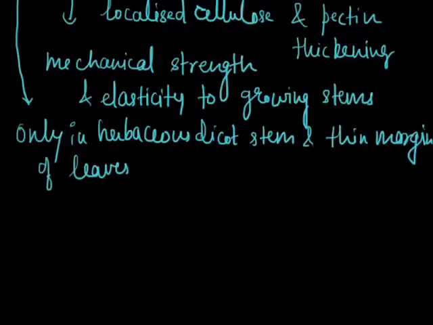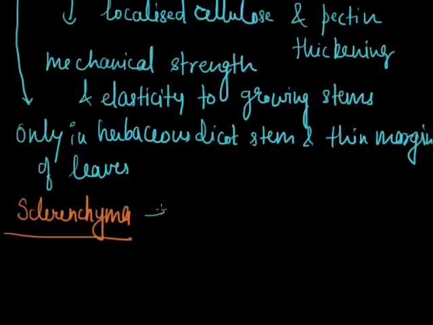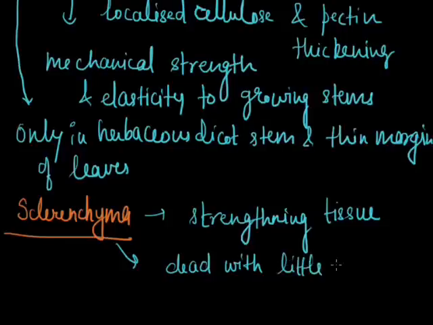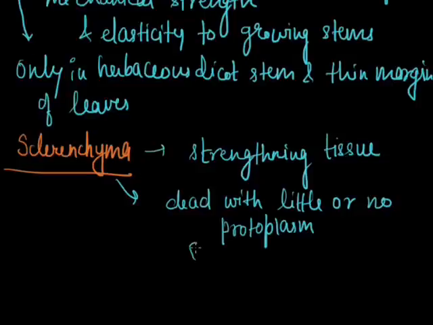Now the third simple supporting tissue is sclerenchyma. It is a strengthening tissue. Cells are dead with little or no protoplasm, and they have lignified walls, means there is a deposition of lignin.